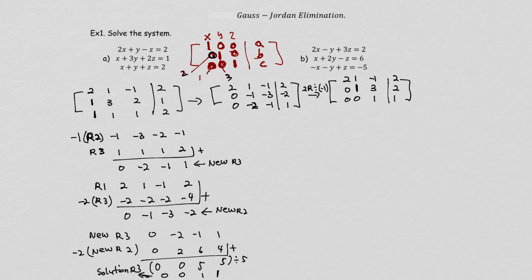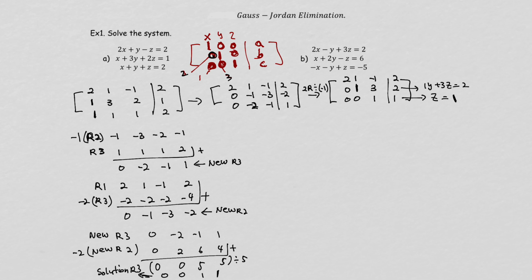So if you wanted to stop and use the substitution method, you should be able to, because you found one solution. That's z equals 1. The second row is an equation with 2 variables, which is 1y plus 3z equals 2.